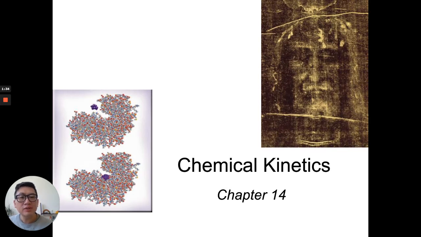So some reactions are fast, some reactions are slow, and since some reactions occur at regular rates, we can use that to, in a way, time things. We can use it to determine, say, how old a piece of cloth is, or how old a substance is, because we know reactions occur at a certain rate, and if you know the rate of a reaction, you can, in a way, back calculate how long ago this thing might have been around.